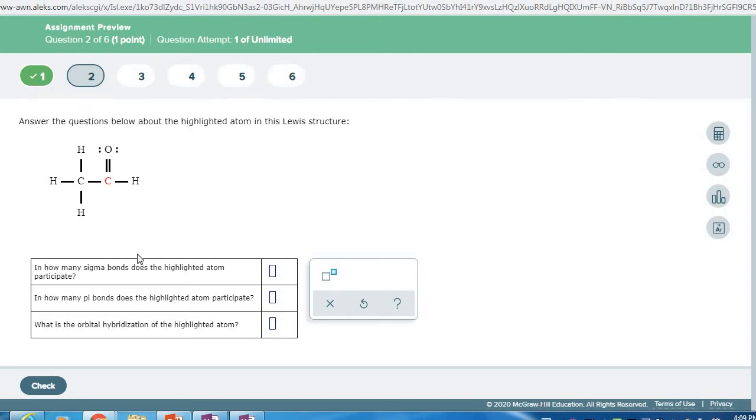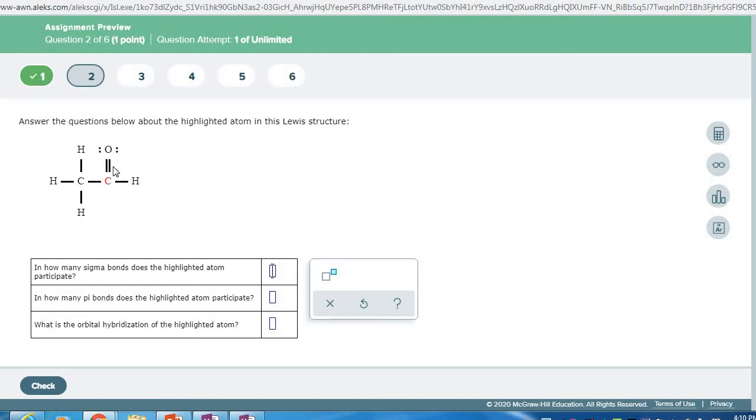How many sigma bonds does the highlighted atom participate in? Well, we see a single bond going from that carbon to that other carbon, and a single bond from the carbon to the hydrogen. Those are sigma bonds, and it's important to realize from our lecture that as part of this double bond there is sigma bonding going on right here. So we see there is 1, 2, 3.